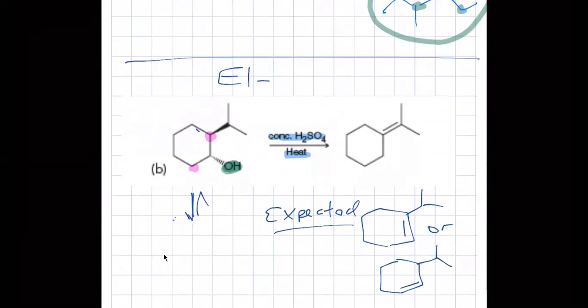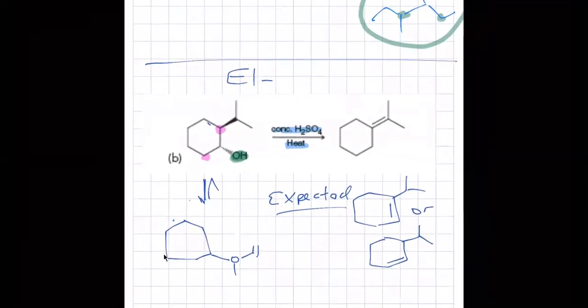All right, so we know that I'm not gonna put the arrows in for the first step, just for the sake of time. So we know we're gonna get a hydronium ion intermediate. All right, and then we also know that that's gonna leave.